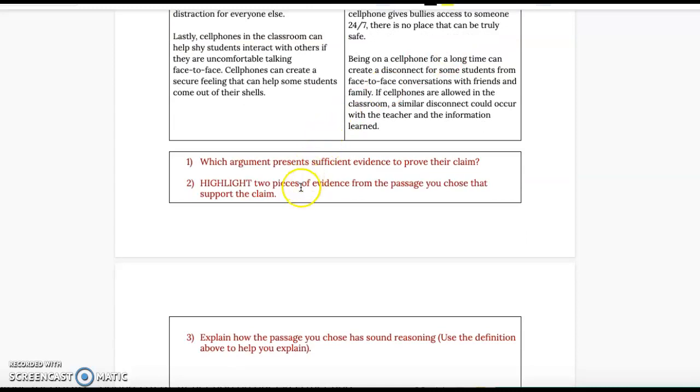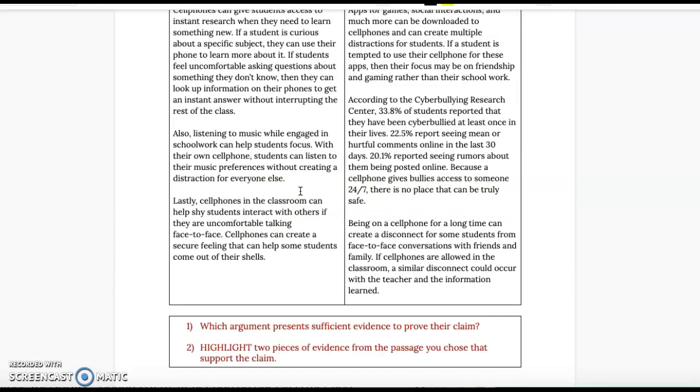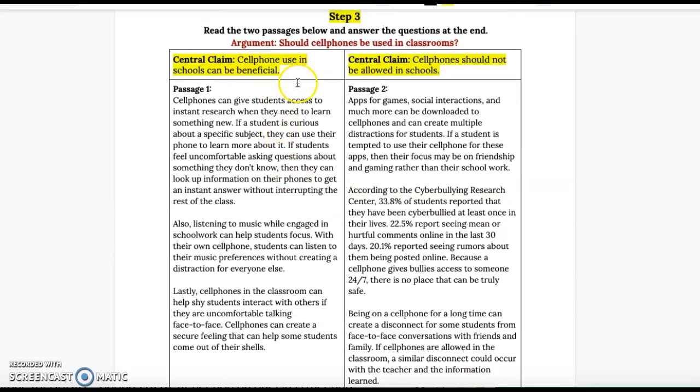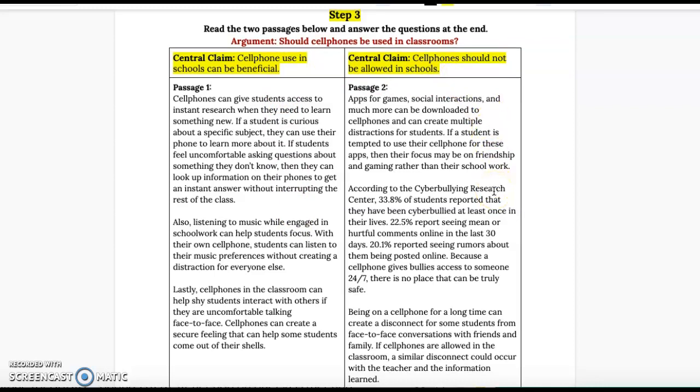And then highlight 2 pieces of very strong, relevant evidence from the passage that you chose. So if you chose the yes side to be the one with the most sufficient evidence, highlight 2 pieces of evidence that are very relevant and give a lot of support to this claim. Or if you chose the no side, same, highlight 2 pieces of evidence that support that claim.